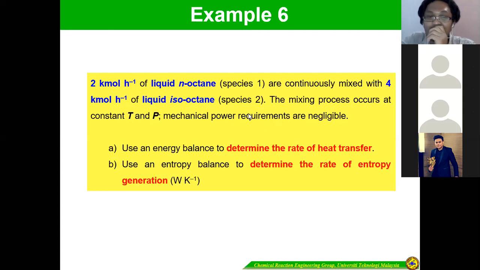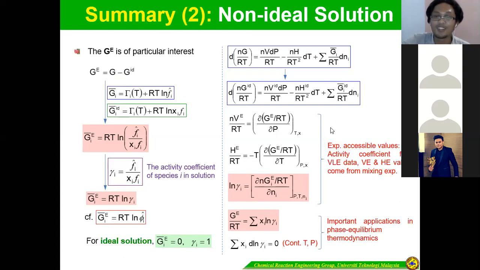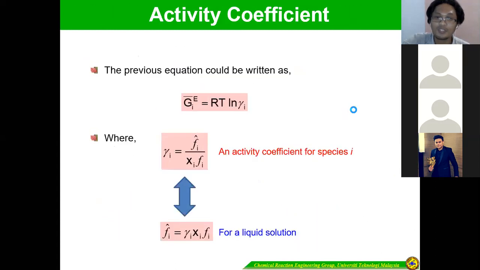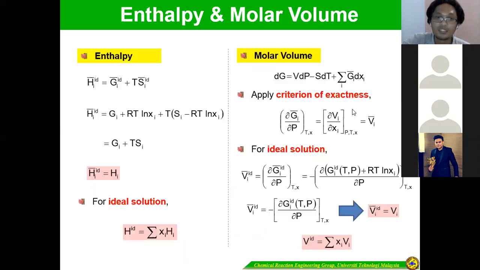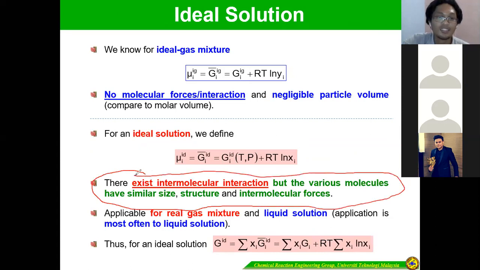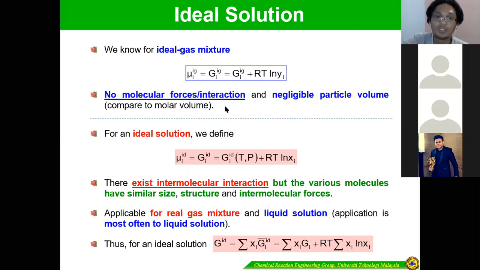Okay, if you remember, this is ideal. Why is it ideal? We go back to the previous slide. This is the statement: there exists intermolecular interaction, but the various molecules have similar size, structure, and intermolecular force.